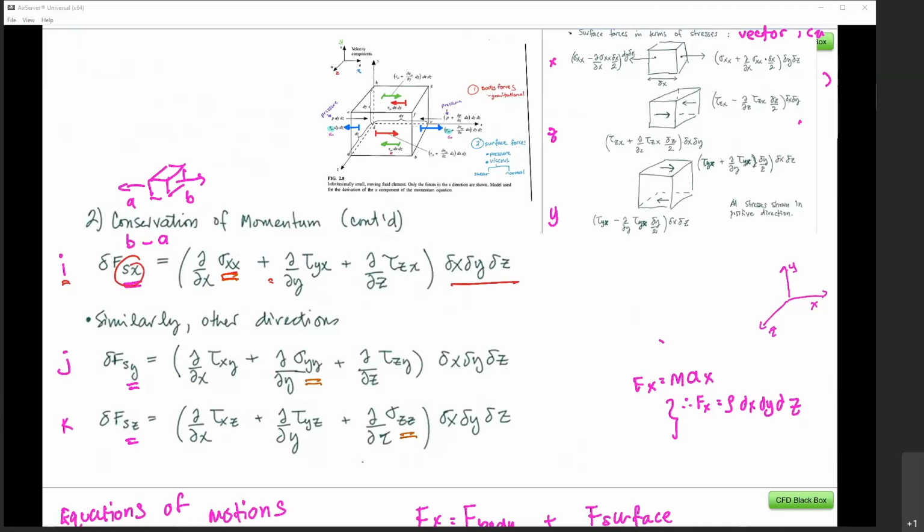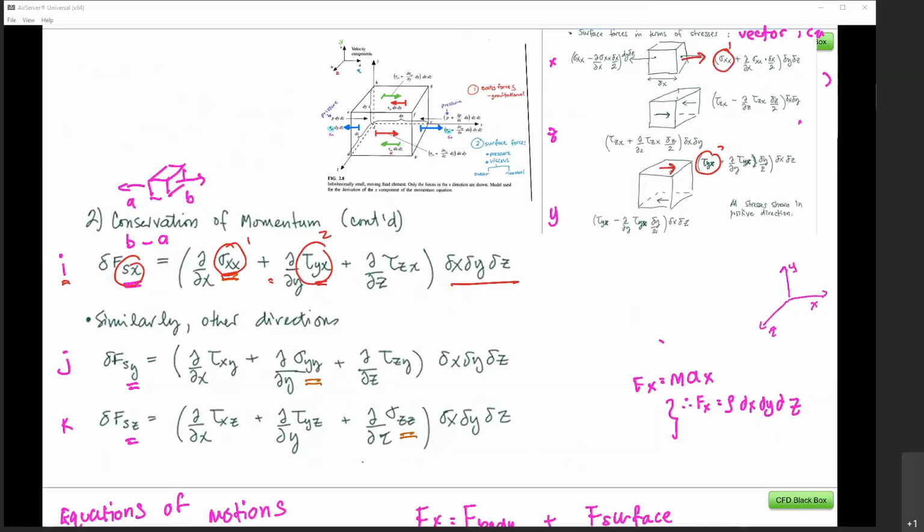All the terms in the x direction, we group them together. To recap how we get this, we have sigma xx because it is moving in the right direction, and then we have tau yx because it is moving in the x direction. Remember this is number 1, number 2.